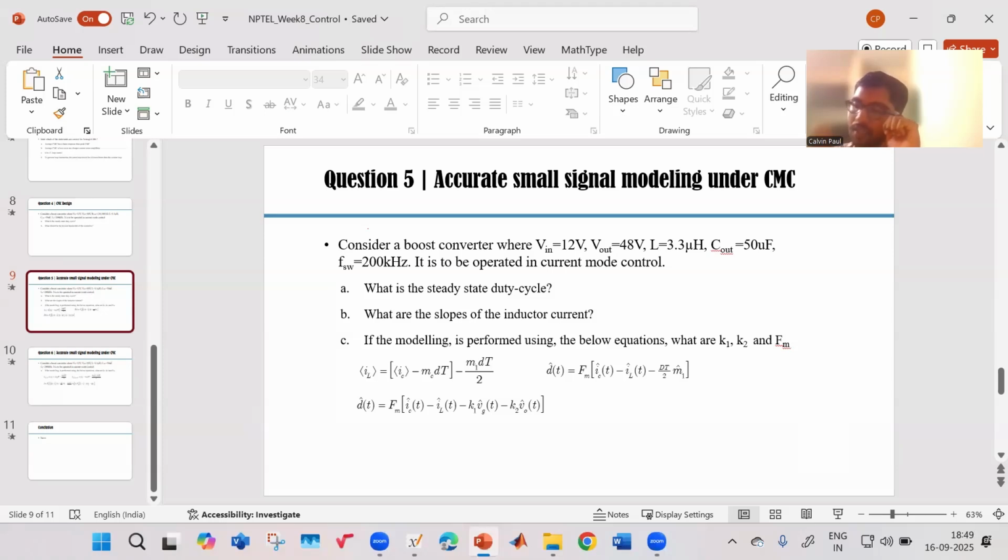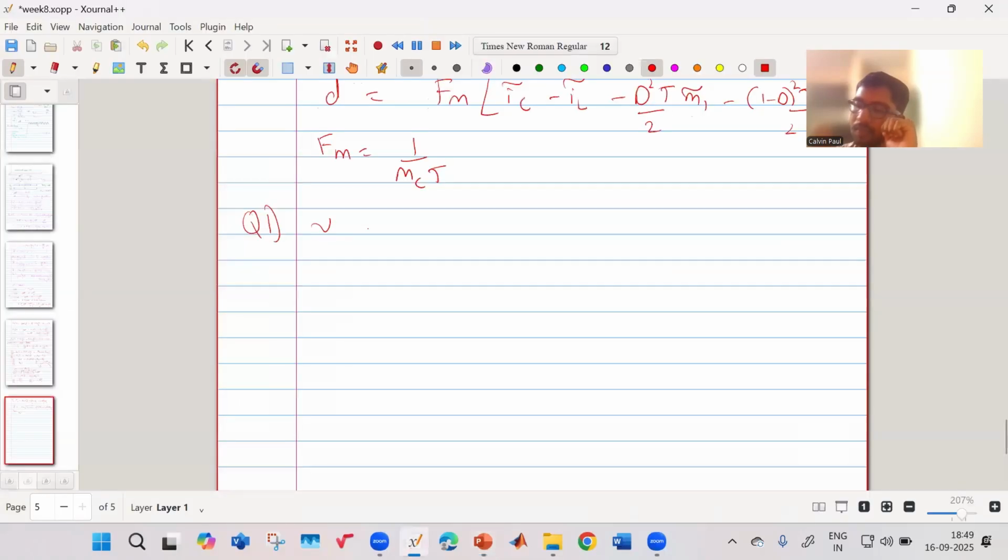Let me write. So your question 1. V in is 12 volt. V output is 48 volt. We are doing a boost converter. We have a switching frequency of 200 kilohertz. Inductance is 3.3 microhenry. Capacitance is 50 microfarad.